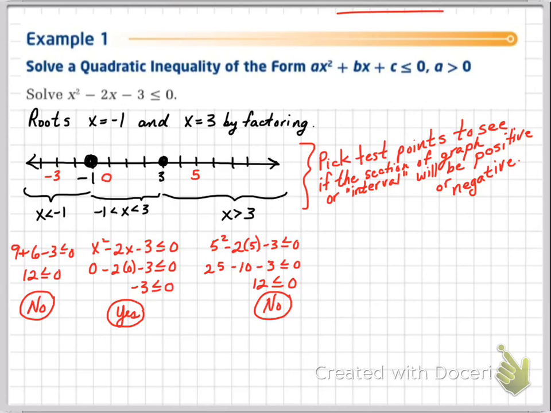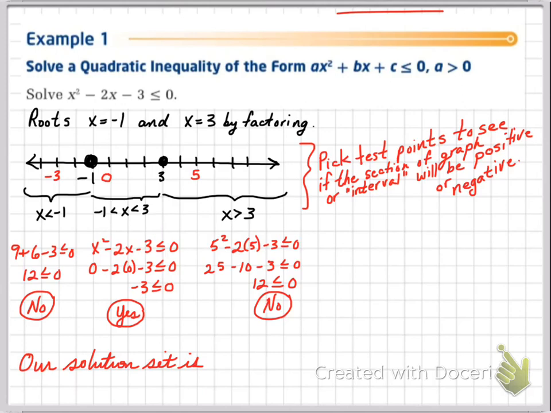So instead of graphing, we found the roots by factoring x squared minus 2x minus 3. And then from the roots, we drew a number line. On the number line, we determined where our graph was positive and where it was negative, and there we can say it is less than or equal to 0.